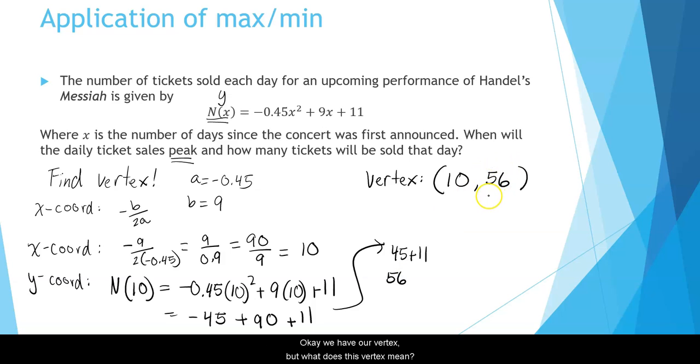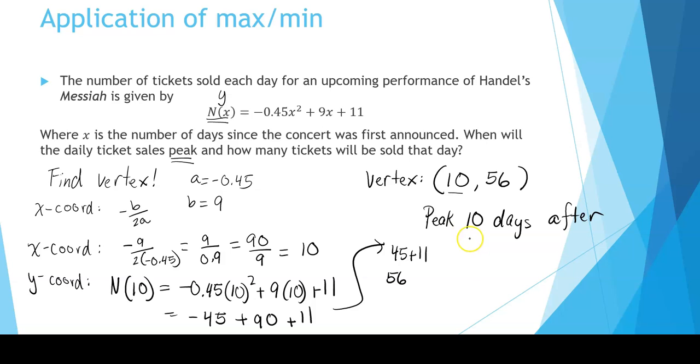Okay, we have our vertex, but what does this vertex mean? I know that in the problem, x is the number of days since the concert was first announced. We're asked the question, when will the daily ticket sales peak? So when will it peak? It will peak 10 days after it's announced.